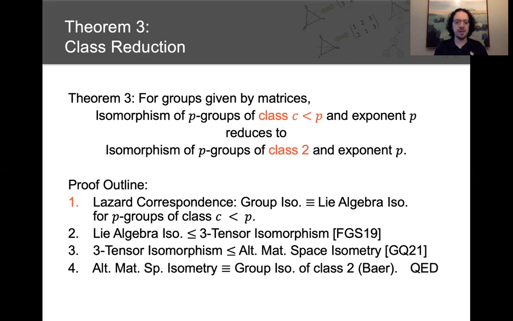So the next step is to reduce from Lie algebra isomorphism to 3 tensor isomorphism using a reduction of Futorny, myself, and Sergeichuk from 2019, to then reduce from 3 tensor isomorphism to alternating matrix space isometry from a paper of myself and Youming Qiao at ITCS 21, and then use Baer correspondence to go back from alternating matrix space isometry to group isomorphism, but now in groups of class 2. Okay.